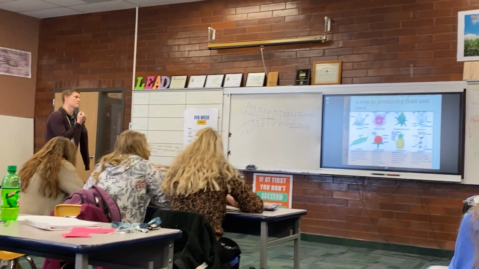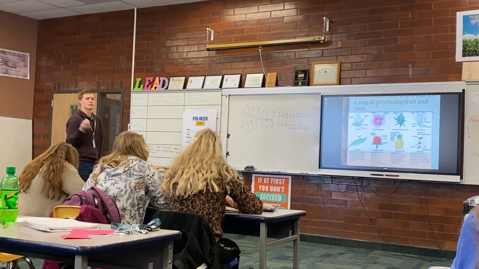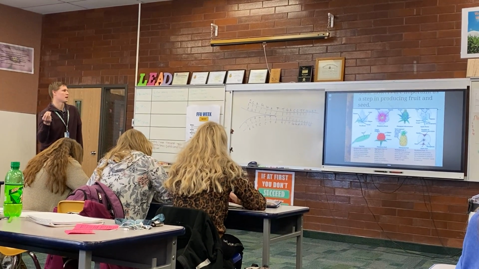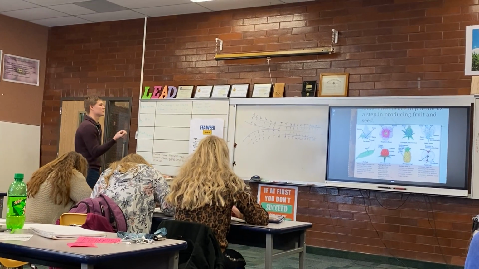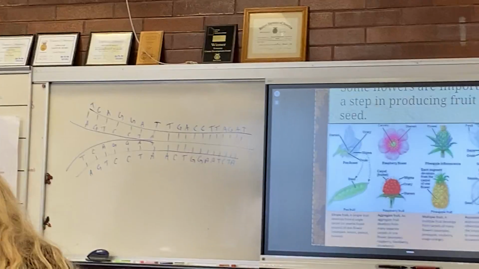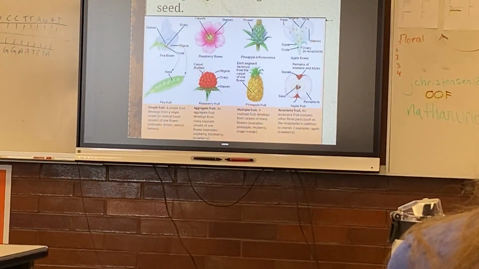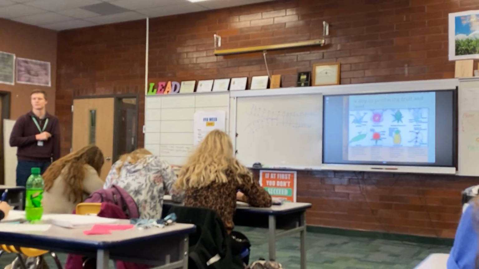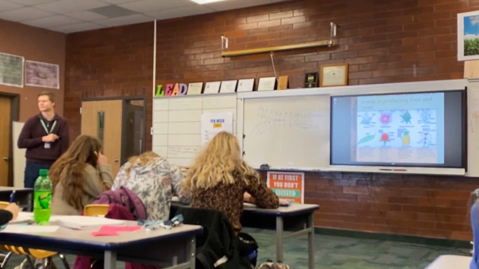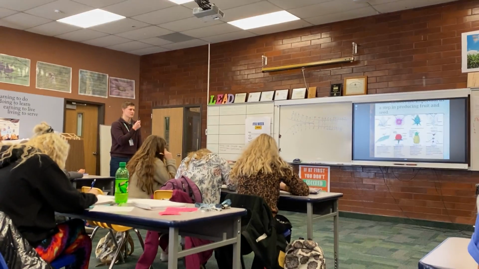Raspberry flower, same thing. When you're growing raspberries, it comes up with little buds. And then pineapples, they actually have a cool little thing. It's called an inflorescence that comes up before they can produce the pineapple fruit. Okay. And then you guys have all seen apple buds, right? Apple blossoms? Yeah. Good. So same thing.